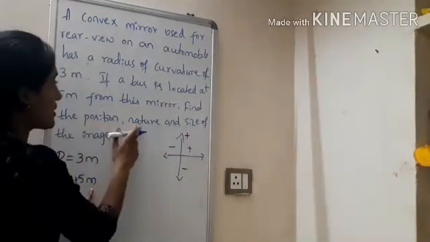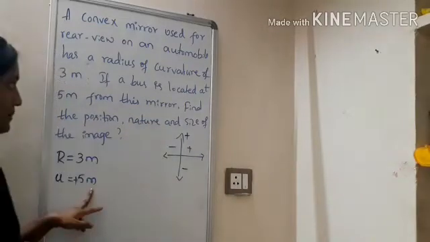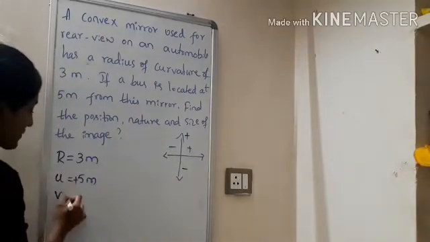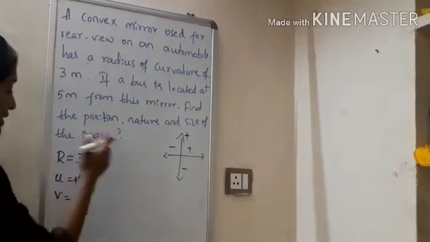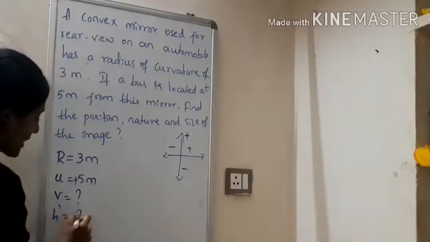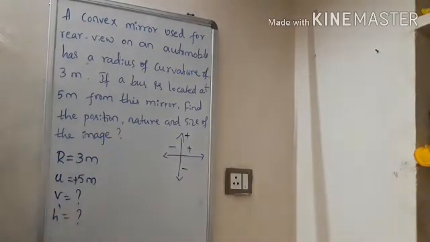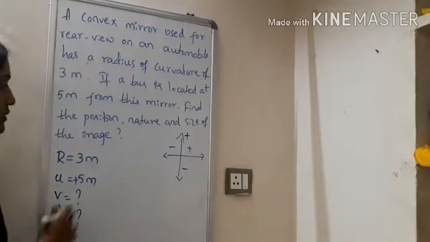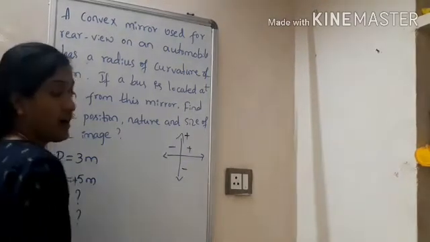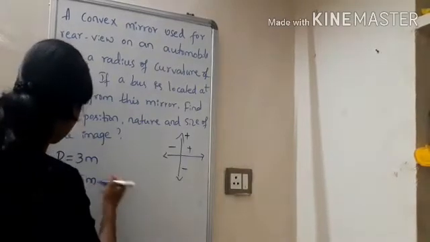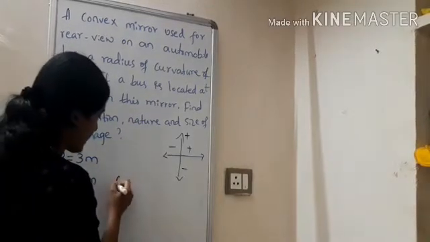Find the position, nature and size of the image. Image distance v we have to find out, and then nature, and h dash, that means height of the image. Now I am going to take the mirror formula. Before that we want the focal length.